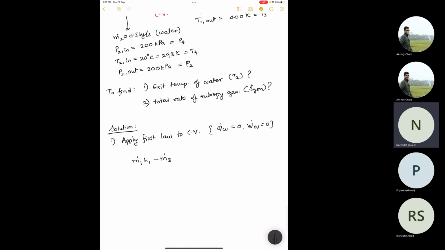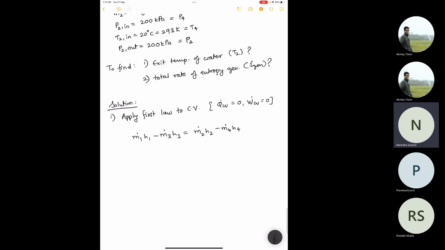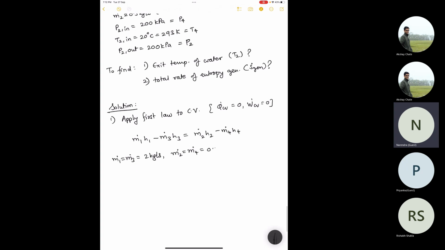So it will be m dot 3 h3, and whatever amount of heat is lost by the air is gained by the water. So m dot 2 h2 minus m dot 4 h4. So here m dot 1 is equal to m dot 3 is equal to 2 kilogram per second. M dot 2 and m dot 4 are same since it's a steady state, and that is 0.5 kg per second.